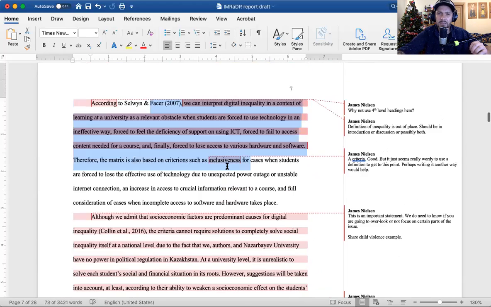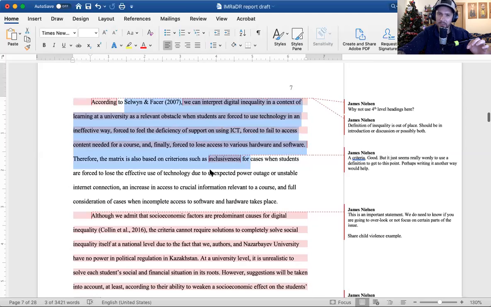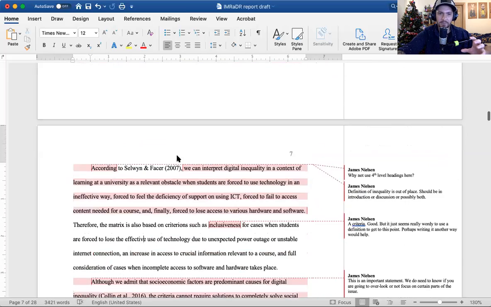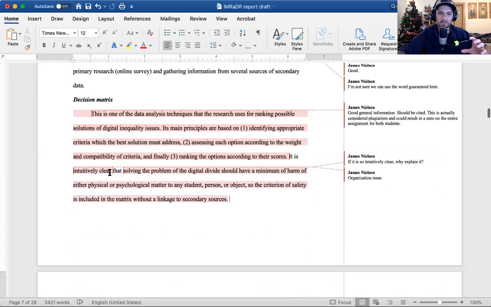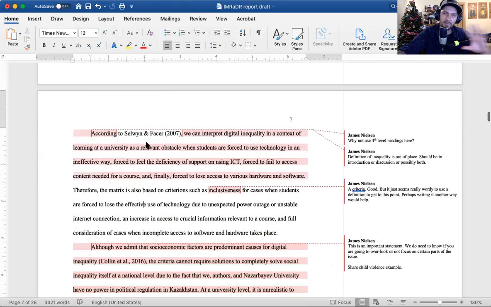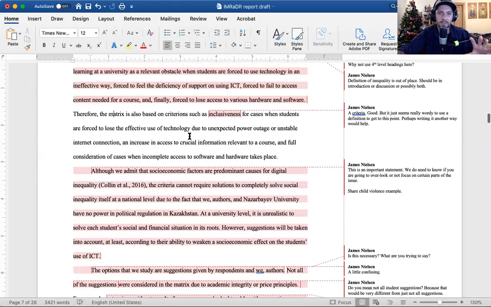I see that they're trying to use this secondary source to show that the inclusiveness criteria is good, and it's just too wordy and not necessarily directly working. We have a new paragraph here, like this paragraph ended and we have this new paragraph and we don't necessarily know what's happening. Okay, and so just overall organization is really poor here.